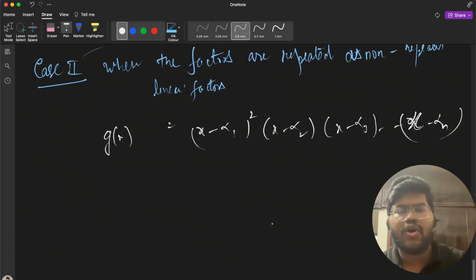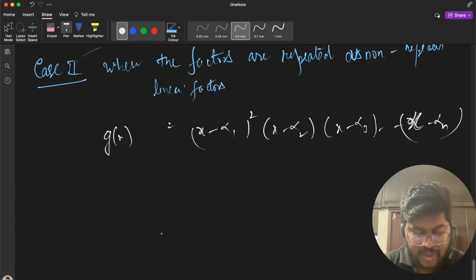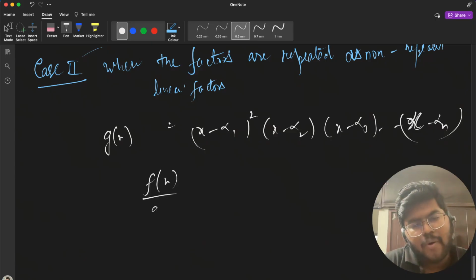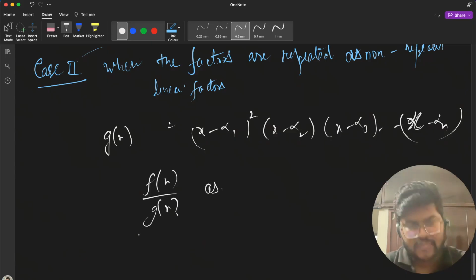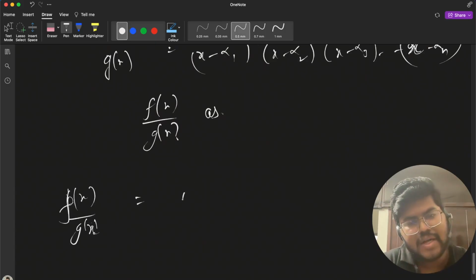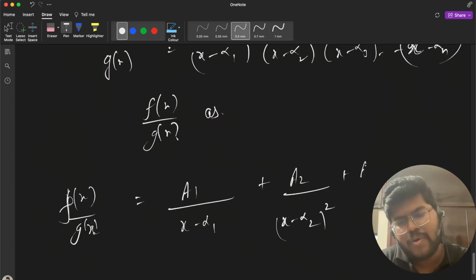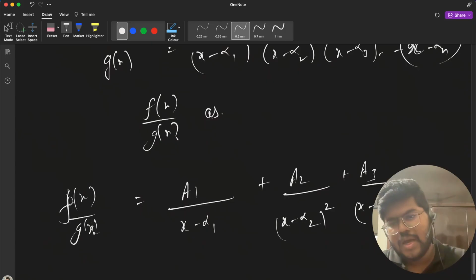So if the factors are repeated as well as non-repeated linear factors, then we can express fx upon gx as follows, make a note of it: fx upon gx can be written as a1 upon (x minus alpha 1) plus a2 upon (x minus alpha 1) squared plus a3 upon (x minus alpha 3), and so on, up to an upon (x minus alpha n).